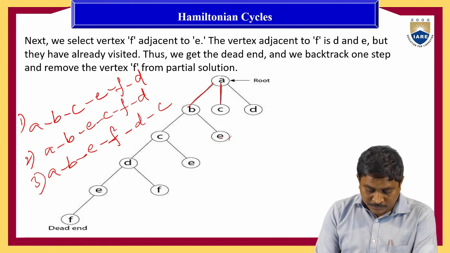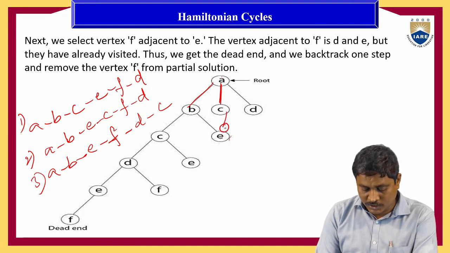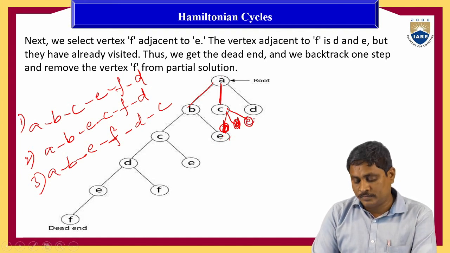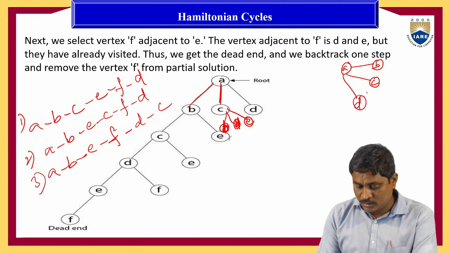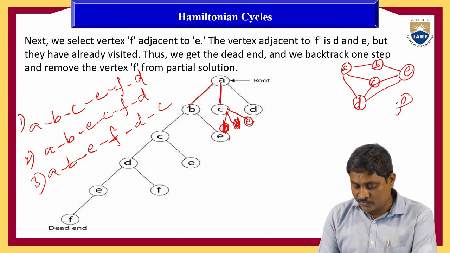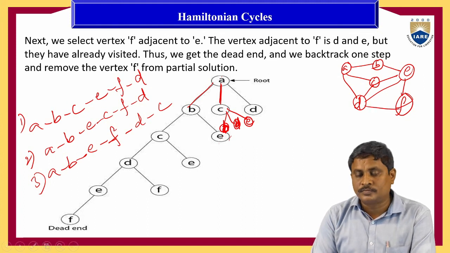Now, A to C. C is adjacent to D, B, and E. That means B, D. So this is the graph now. Here you see that this is A to B, A to C, A to D, D to C, B to E, C to E, D to E, F. This is the given graph.